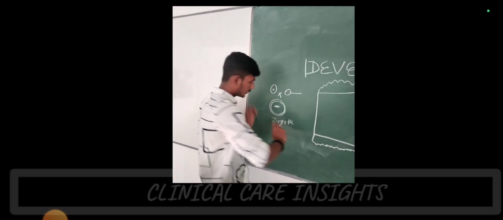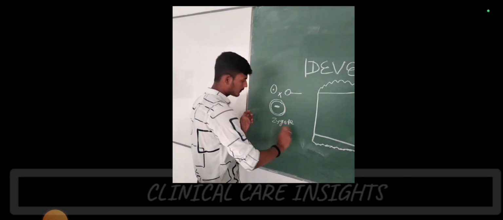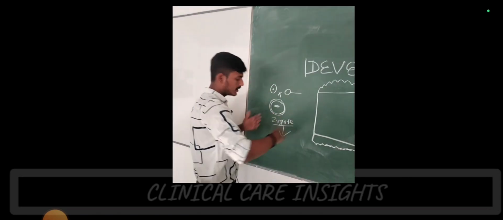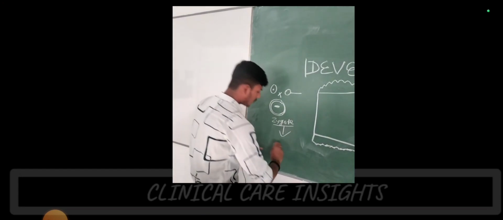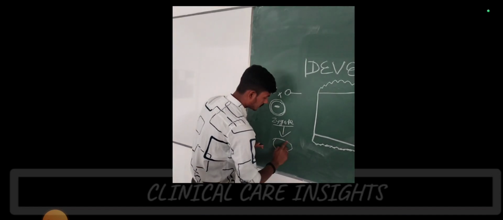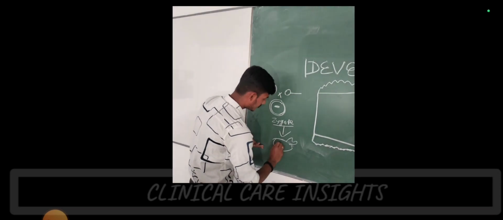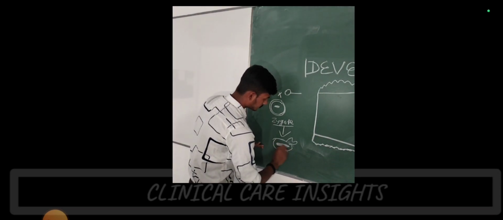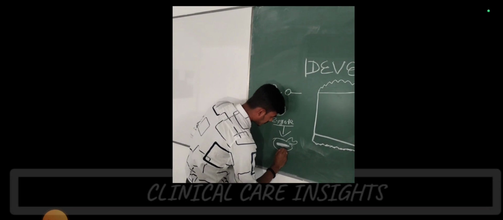Now this zygote, by many multiplication divisions, eventually forms the embryo. In this embryo there are precursor cells.